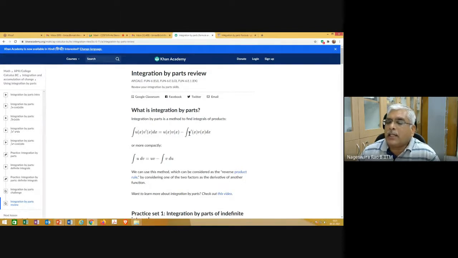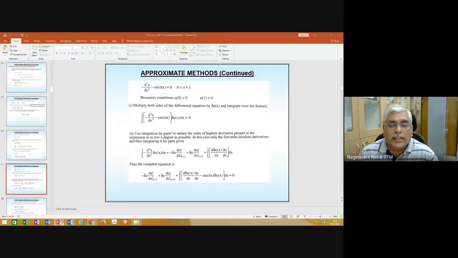And then the second term is going to be u prime. U prime is nothing but the derivative of variation of u multiplied by v. V is the first derivative of u with respect to x, with limits of integration 0 to 1. Any questions here?